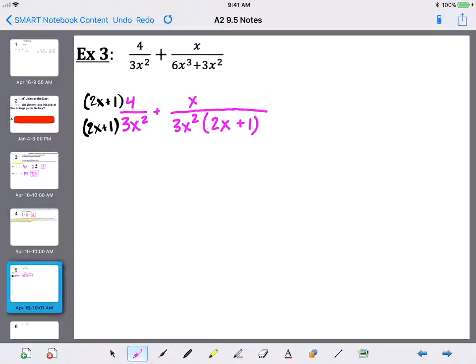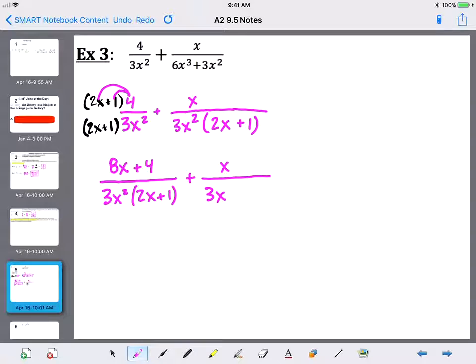So this numerator, I can FOIL or distribute that 4, giving me 8x plus 4, and then my denominator is going to be 3x squared times 2x plus 1. I didn't really change anything in that second fraction, so I'm just going to rewrite x over 3x squared times 2x plus 1.